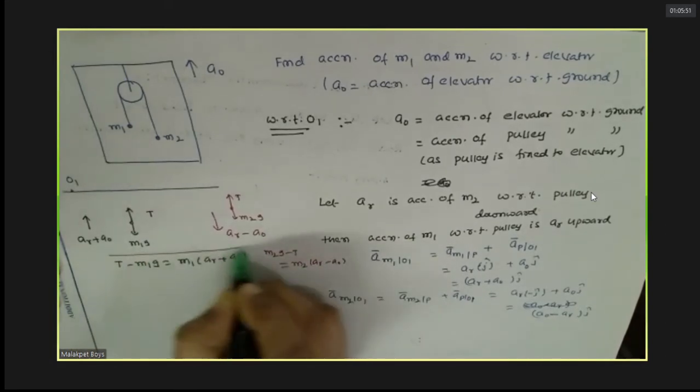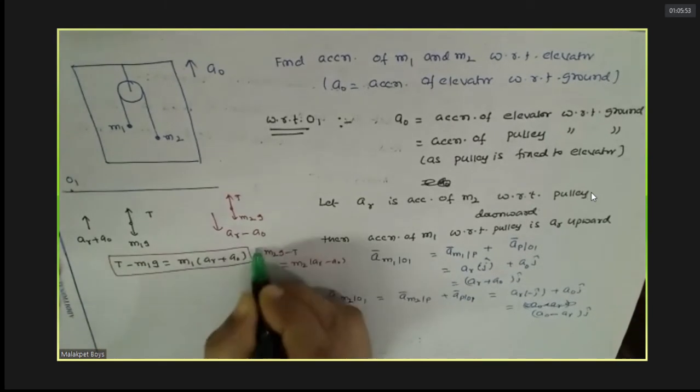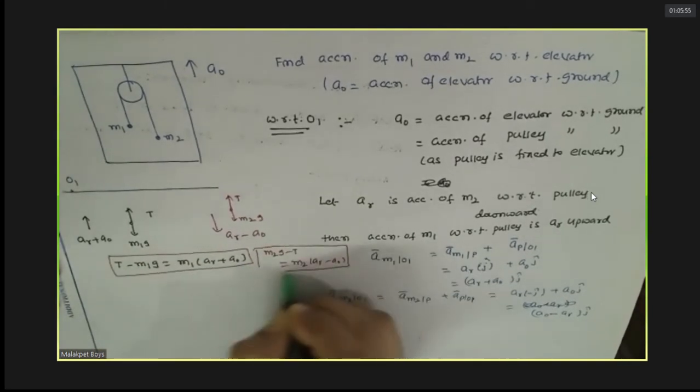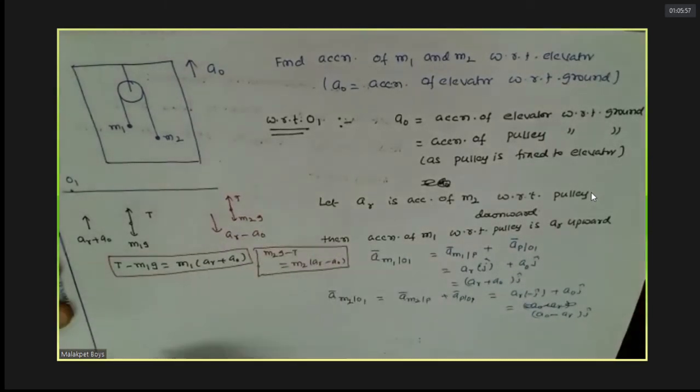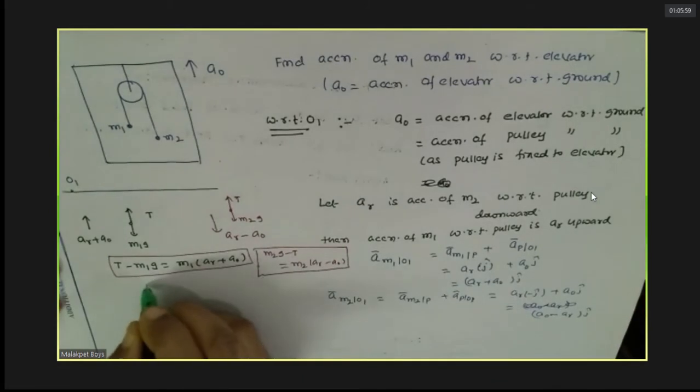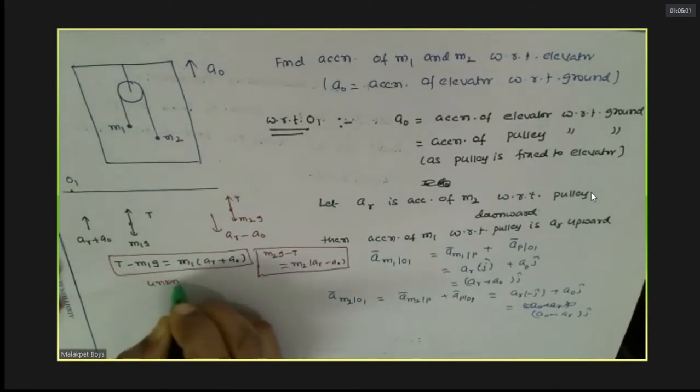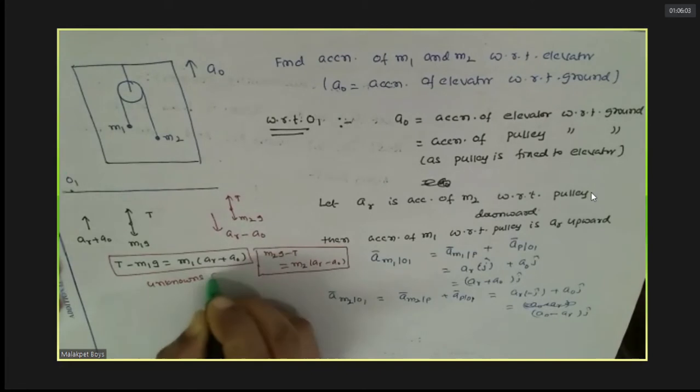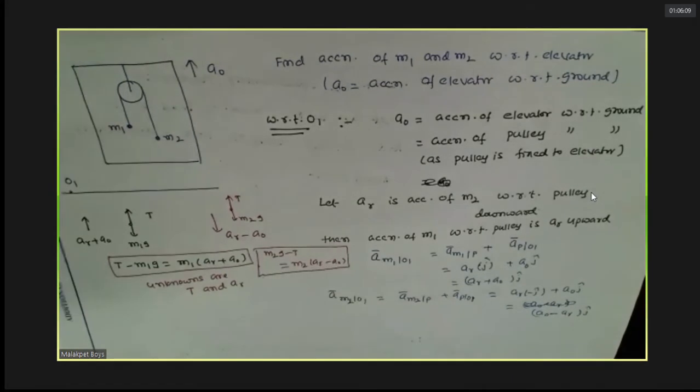This is one equation, this is the other equation. The unknowns are what? T and AR. Can't you solve two equations in two unknowns?